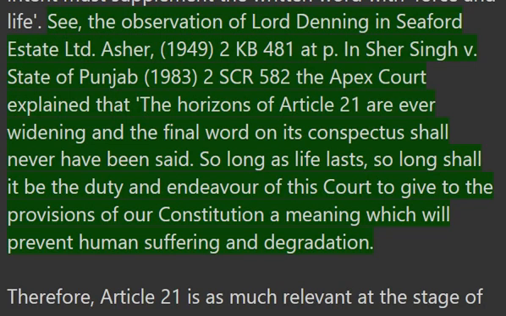In Sher Singh v State of Punjab, 1983, 2 SCR 582, the Apex Court explained that the horizons of Article 21 are ever widening and the final word on its conspectus shall never have been said. So long as life lasts, so long shall it be the duty and endeavor of this court to give to the provisions of our Constitution a meaning which will prevent human suffering and degradation.